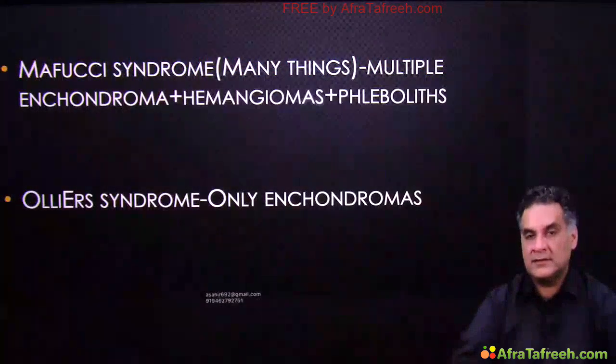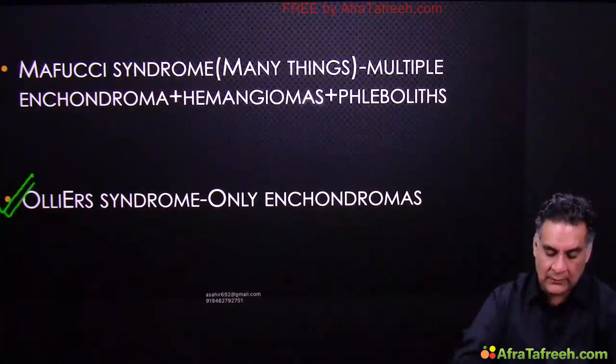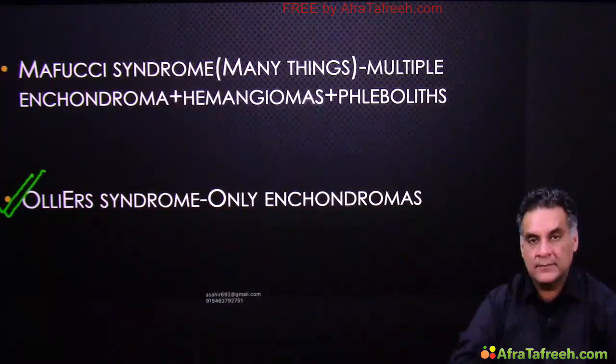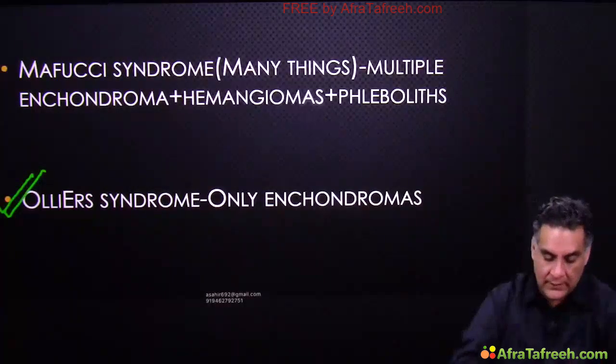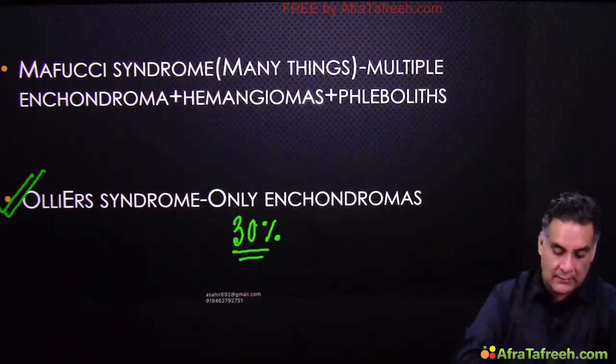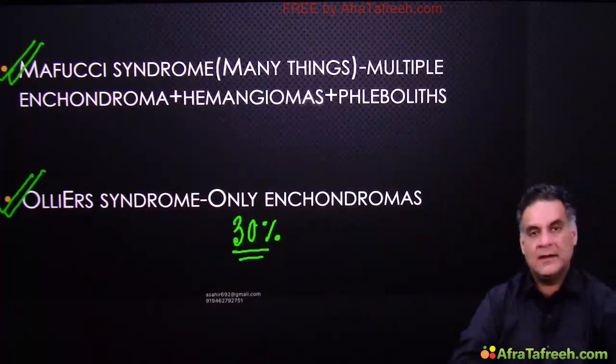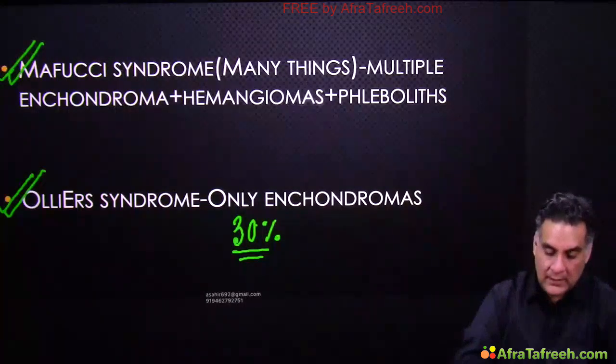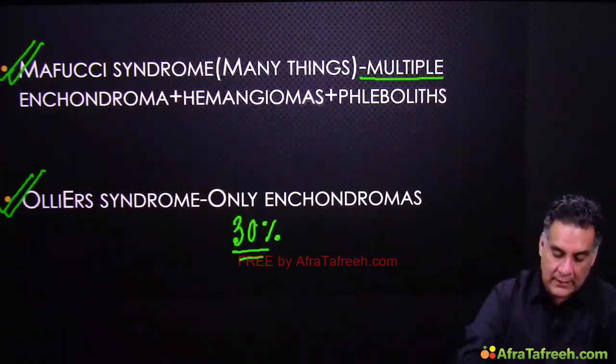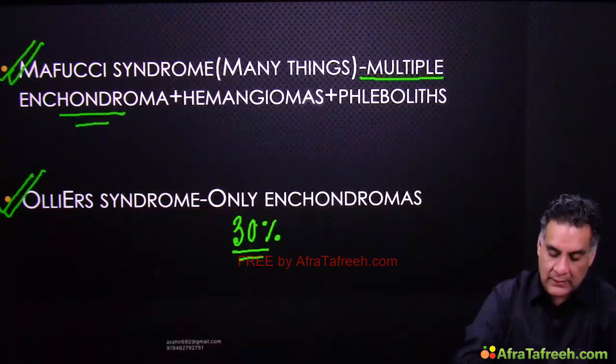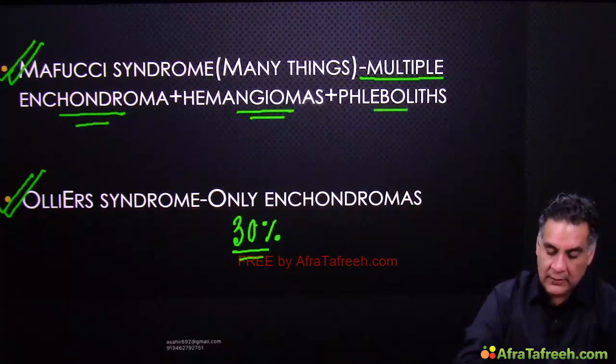Multiple enchondromas, when there are only multiple enchondromas, nothing else, called Ollier's disease, is malignant in 30% of cases. Whereas the other malignant variety is Maffucci syndrome, which gives you multiple enchondromas, hemangiomas, phleboliths. Phlebolith means calcified superficial veins.